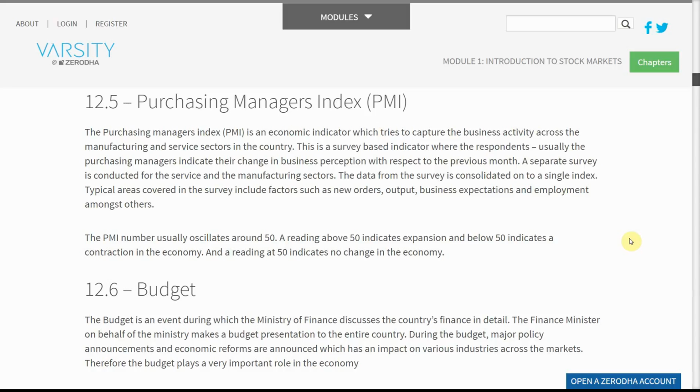The data from the survey is consolidated onto a single index. Typical areas covered in the survey include factors such as new orders, output, business expectations, and employment, amongst others. The PMI number usually oscillates around 50. A reading above 50 indicates expansion and below 50 indicates a contraction in the economy. And a reading at 50 indicates no change in the economy.